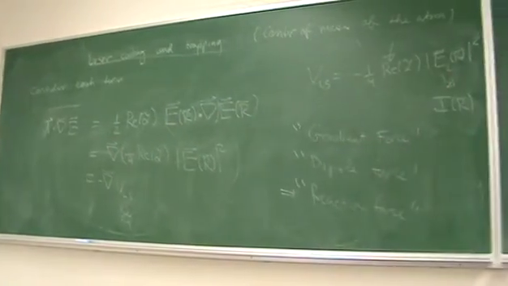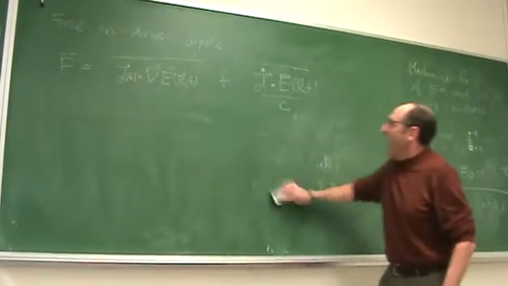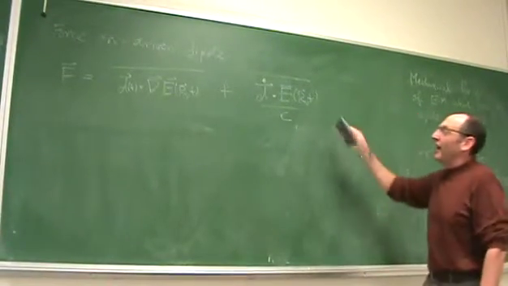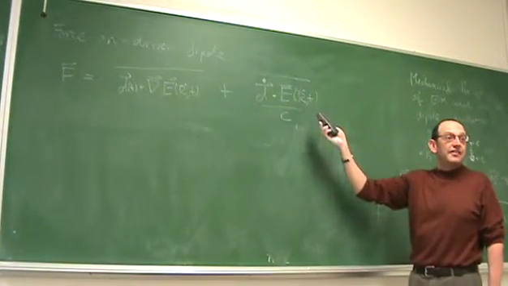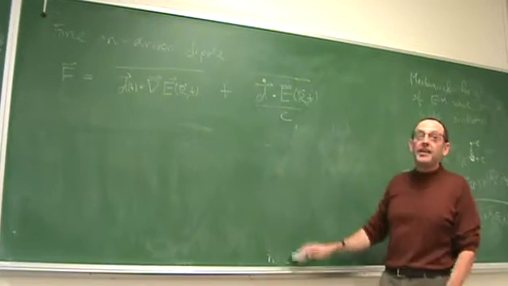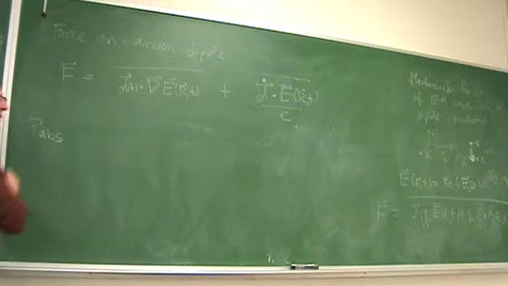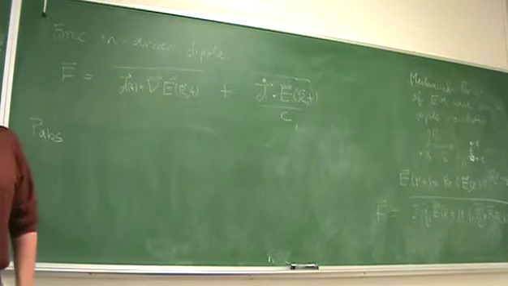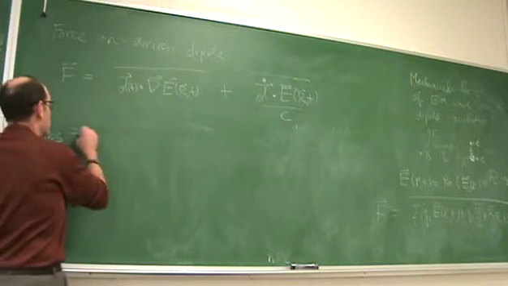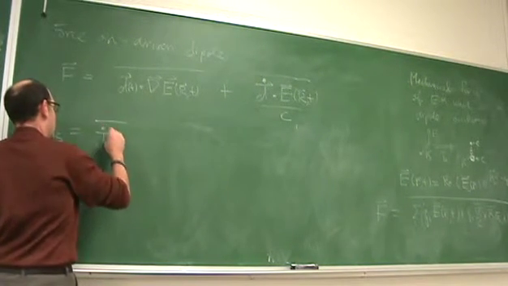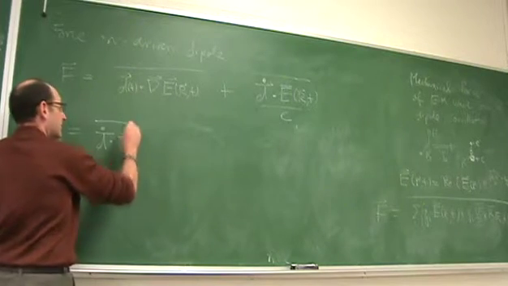Well, this is what we just had at the beginning of the class. At the beginning of the class, we said that the power absorbed was the rate at which work was done on the dipole. And that was equal to, in time average, this.